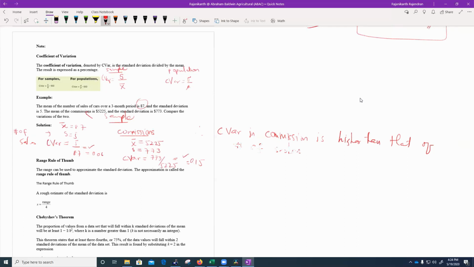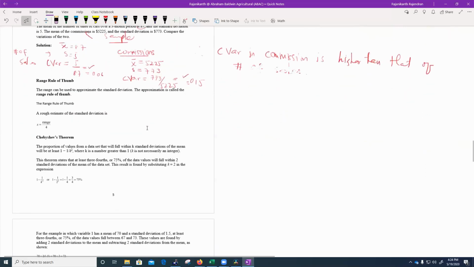So they may ask you to compare which one is higher. Okay, that is there. Now the next one is the range rule of thumb.